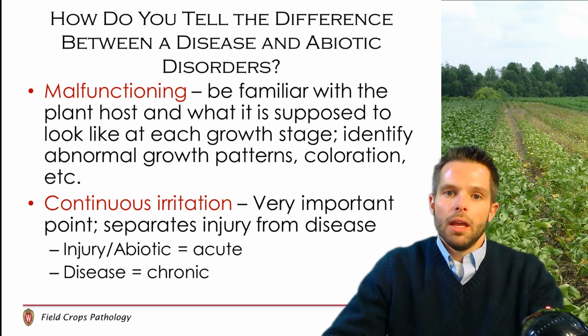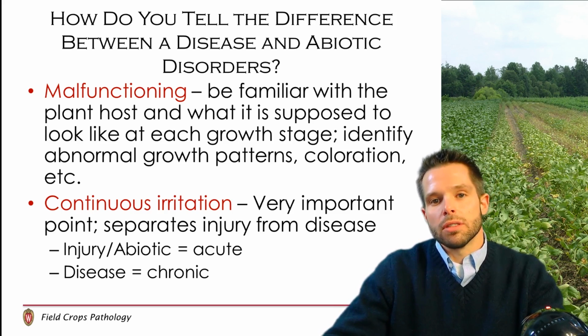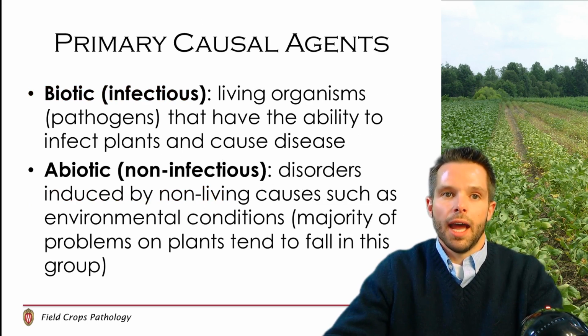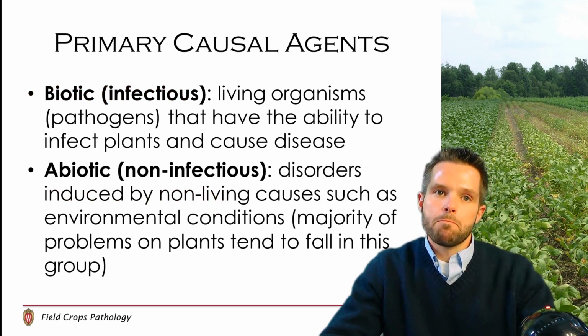This contrasts with diseases, where we have a chronic progression. Diseases will infect, we'll get some lesions, those lesions will continue to spread and expand, and so there's this continuing process that happens with diseases. So you need to be out there looking at the crop and what's going on.